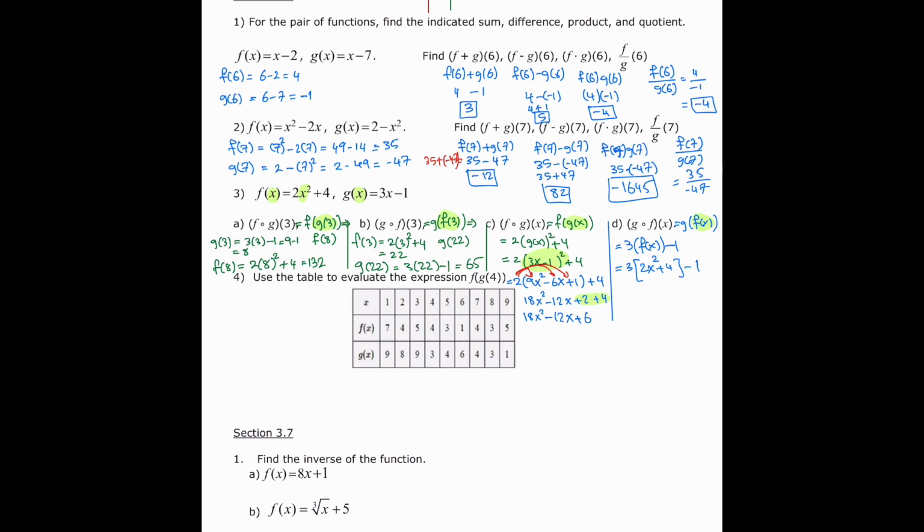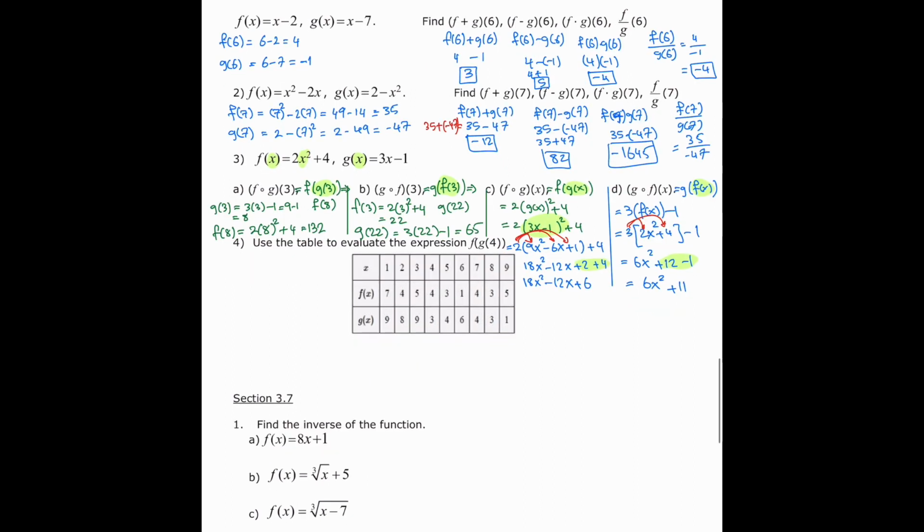So now we're going to distribute the 3 inside. So this is going to become 6x squared plus 12 minus 1. Combine like terms, which is those two. So we get 6x squared plus 11. And that is the answer for D.